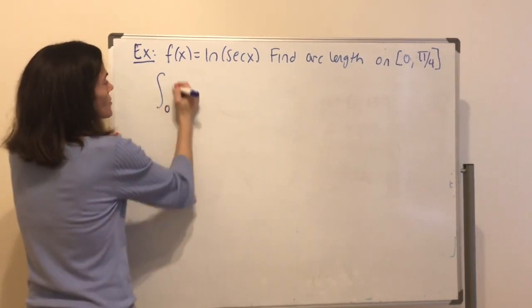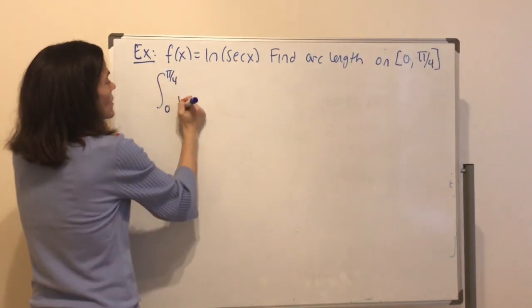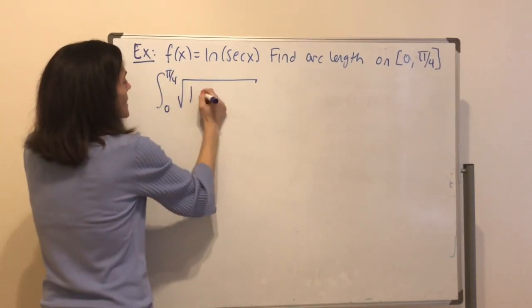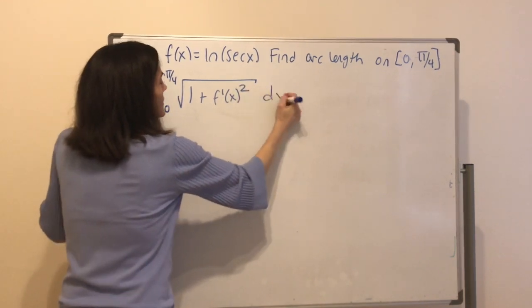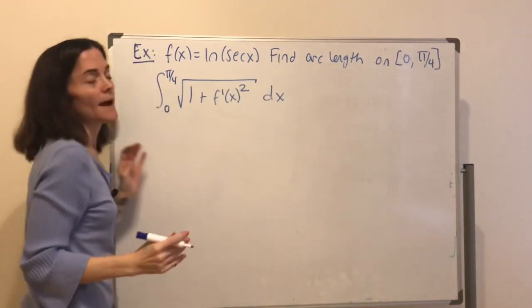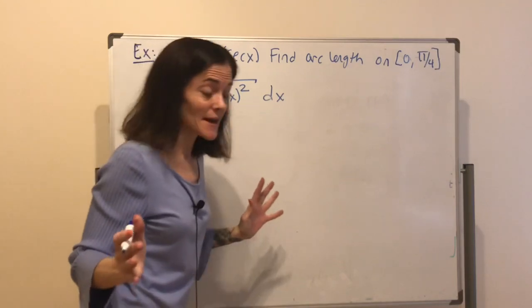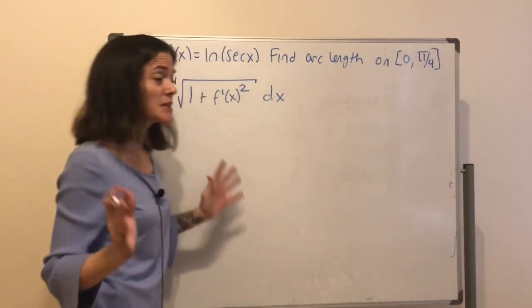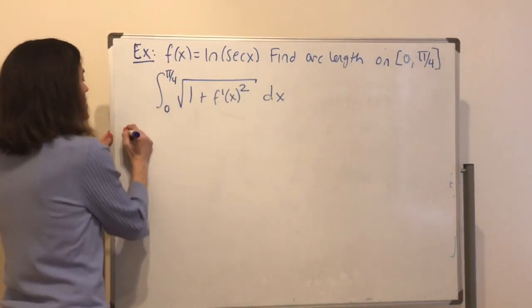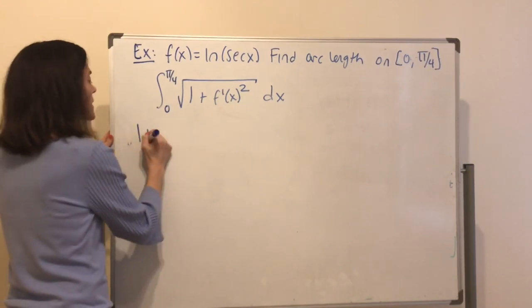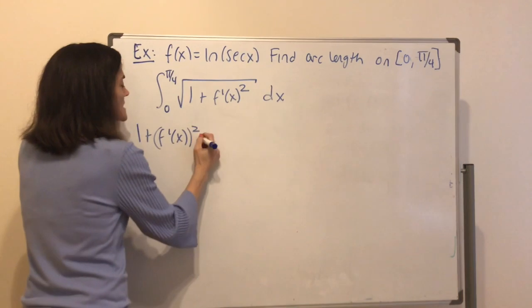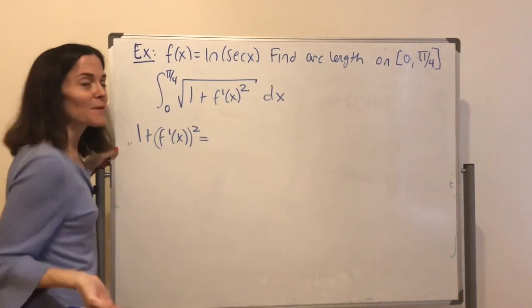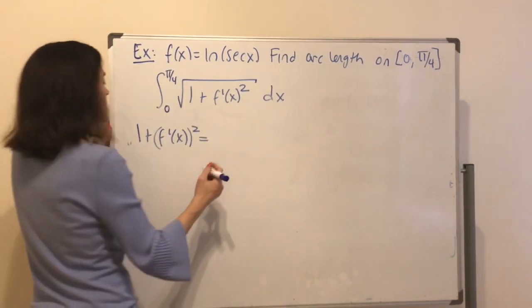I know it's going to be an integral 0 to pi over 4 square root 1 plus f prime of x squared dx. But just like if I was working with a vector valued function, I'm not just going to jump into the integral. First, I'm going to work with 1 plus the derivative squared and simplify it. Then I will take a square root, then I will go into the integral.